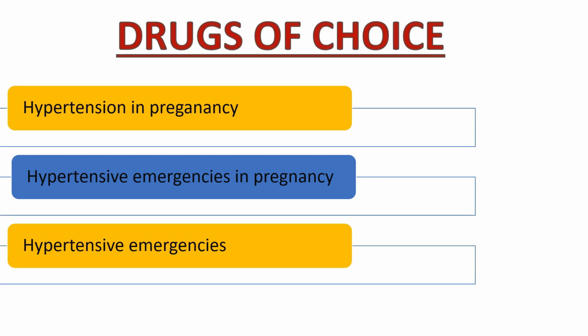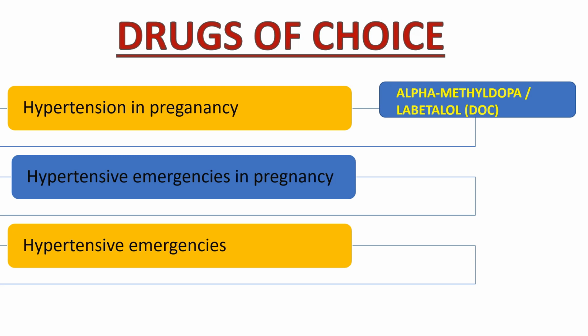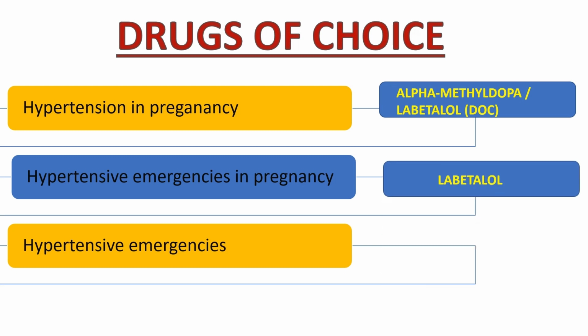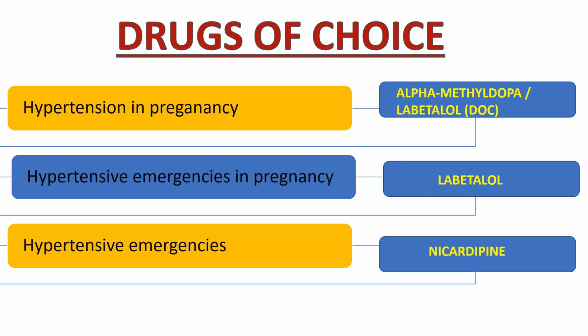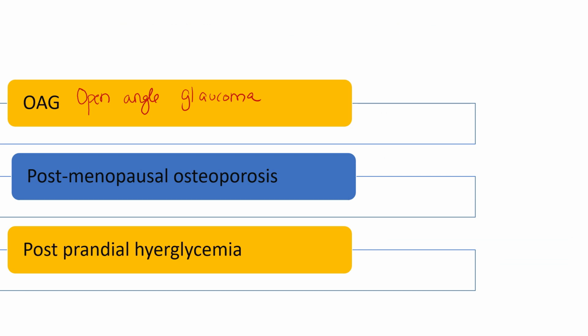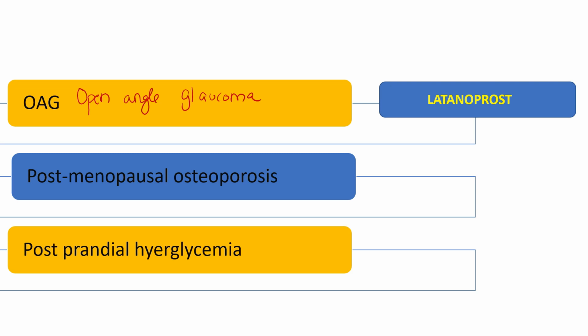Next, for hypertension in pregnancy, we will be using alpha methyldopa or labetalol, which are mainly the drugs of choice. For hypertensive emergencies in pregnancy, we will be using labetalol. For hypertensive emergency, we can use nicardipine. For OAG, that is open angle glaucoma, we can use latanoprost.